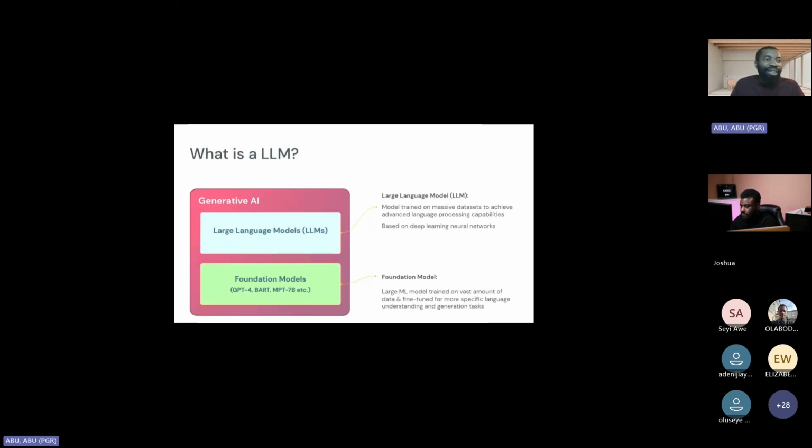So what are LLMs? LLMs are models that have been trained on massive data sets to achieve very advanced language processing capabilities. So the same natural language processing, but at a more advanced level. Some LLMs can have up to 70 billion parameters, for example.